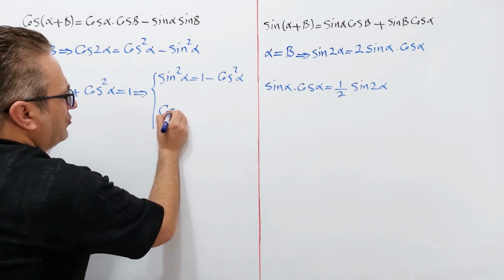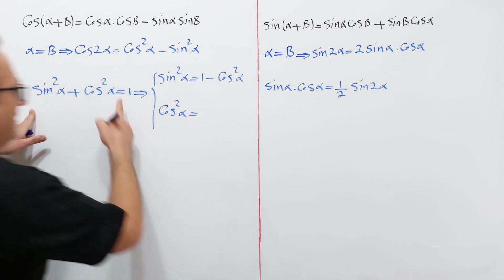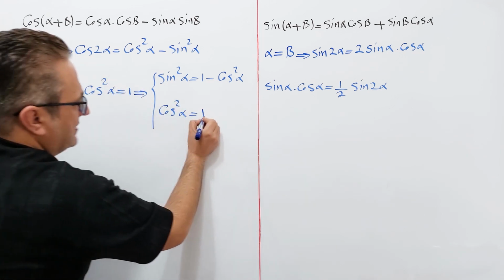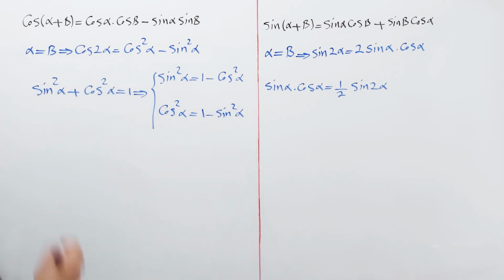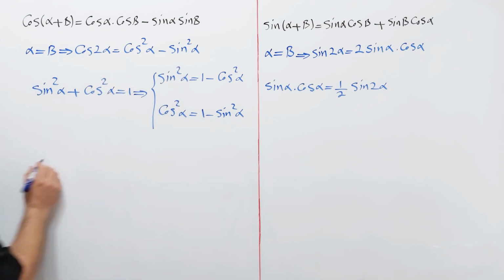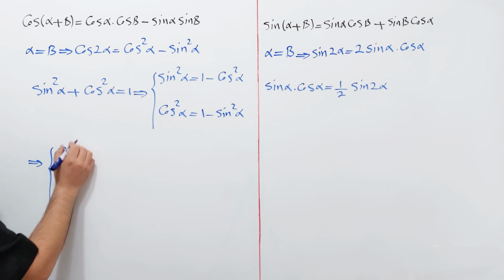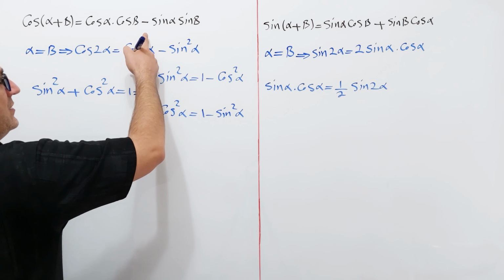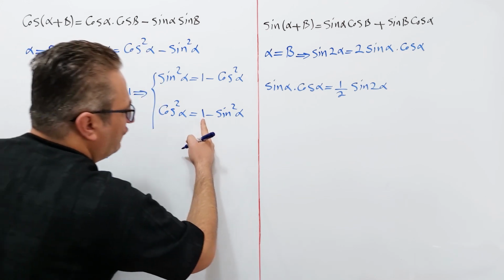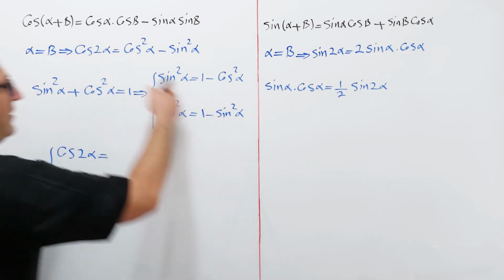And cosine squared alpha is equal to 1 minus sine squared alpha. Okay? So, in this formula, we have cosine 2 alpha is equal to cosine squared alpha minus sine squared alpha, where cosine squared alpha is 1 minus sine squared alpha.